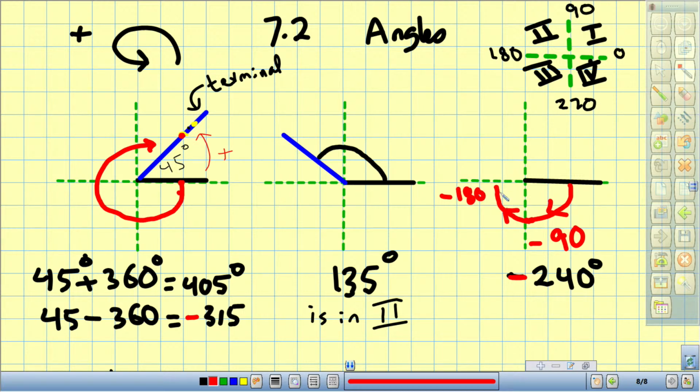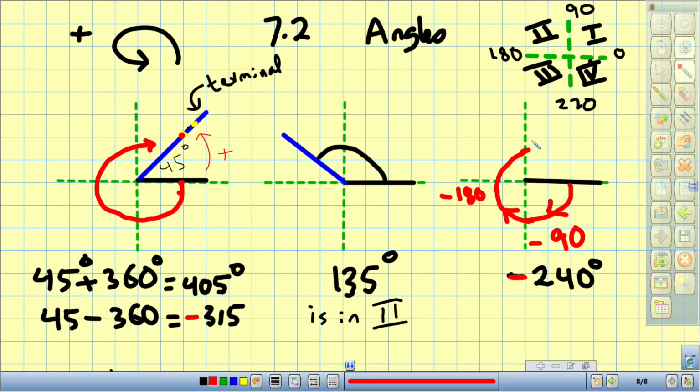We need 240. So can I go here? Can I cross this one? It's negative 90, negative 180. I need 240.